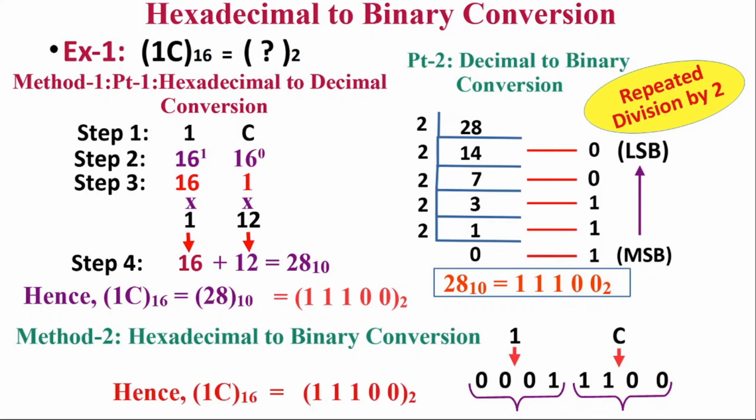So we can write 11100 is the binary equivalent of hexadecimal number 1C.